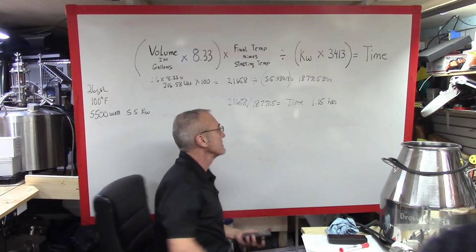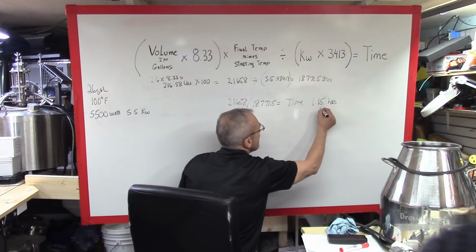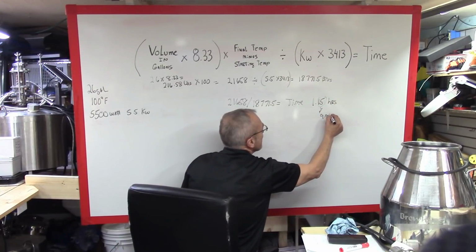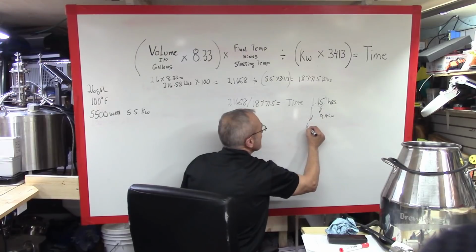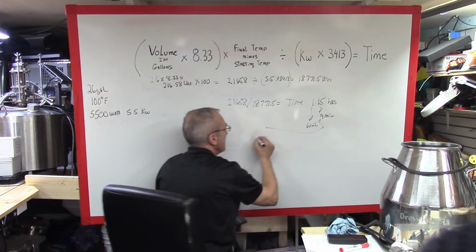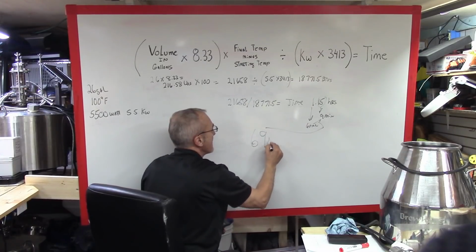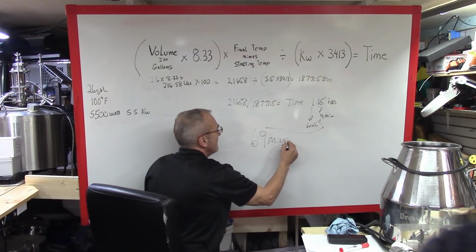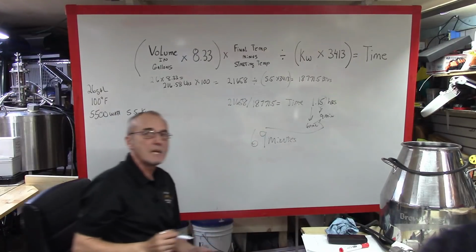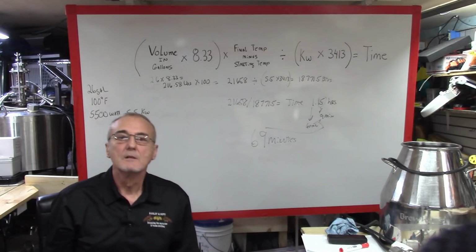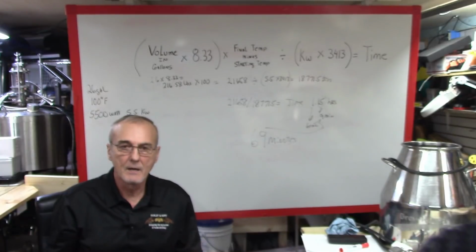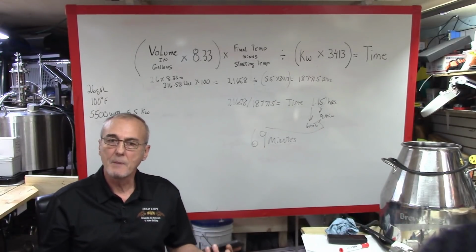That's 9 minutes. So this equals 9 minutes. This equals 60 minutes. When I add those together, that should take a total of 69 minutes to heat 26 gallons with a 5,500 watt element at 100% power.